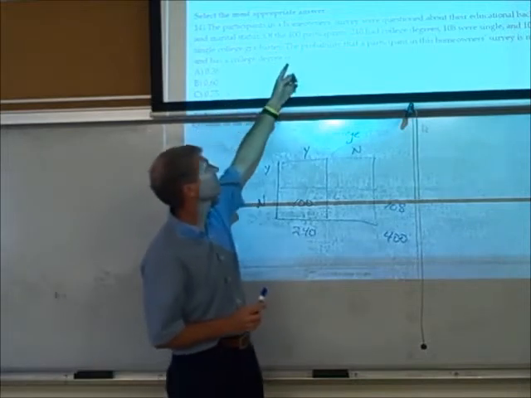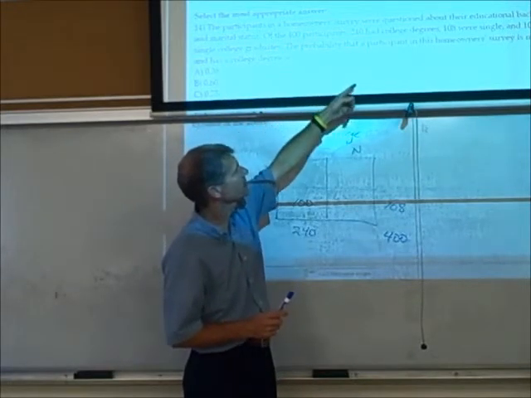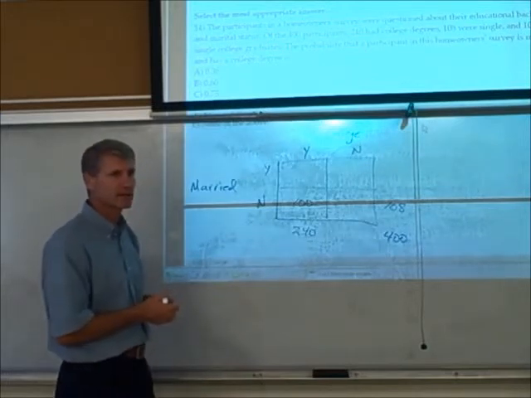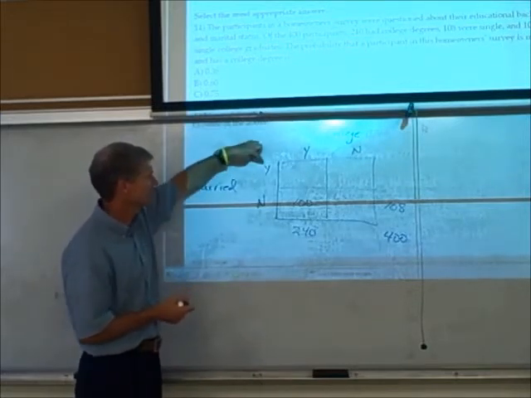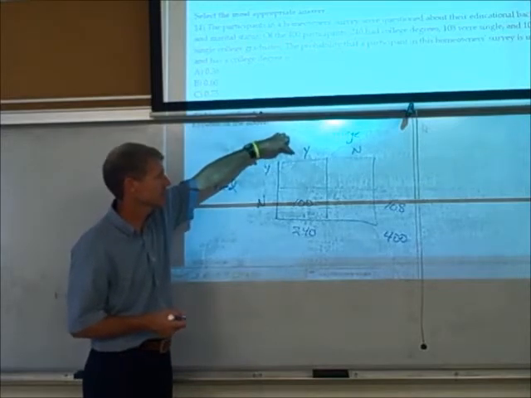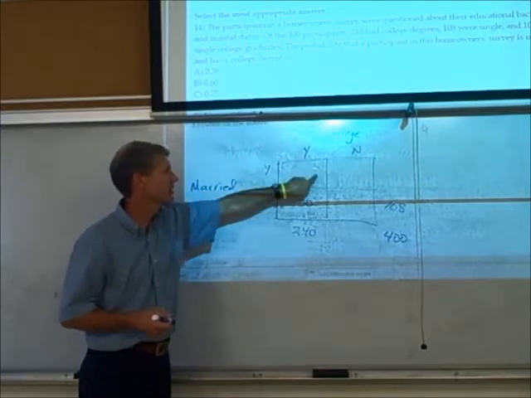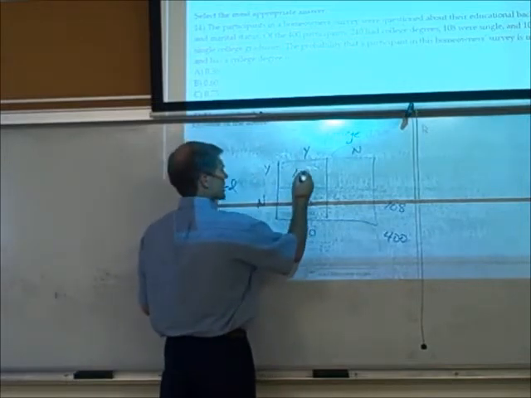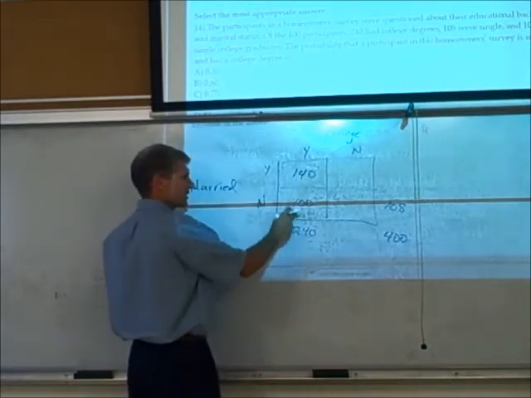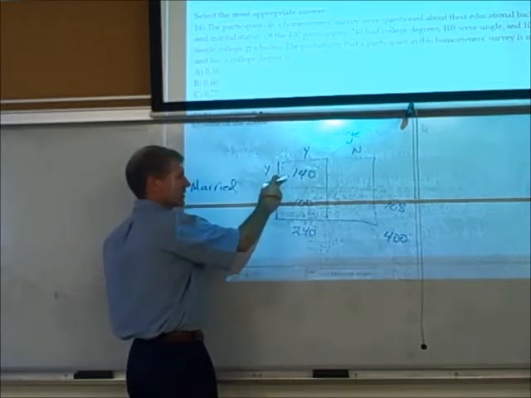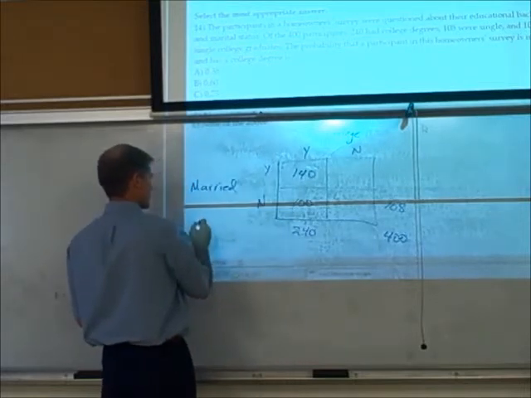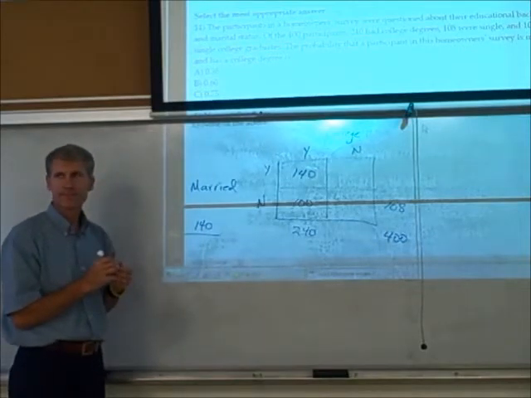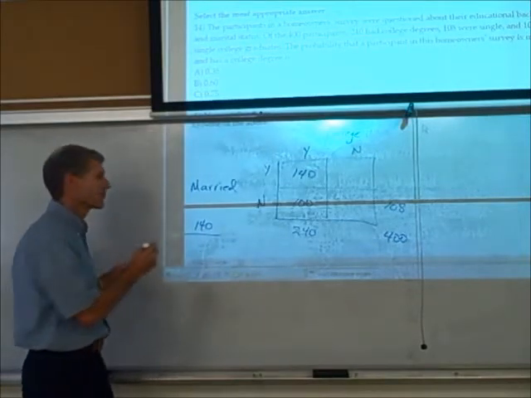The question they ask is, the probability that a participant in this survey is married and has a college degree. Well, that's this cell. Married, yes, and college degree, yes. I need that number. 140. And you get it by subtraction. If 240 total and 100 of them are here, 140 are there. So the answer is 140 divided by 400.